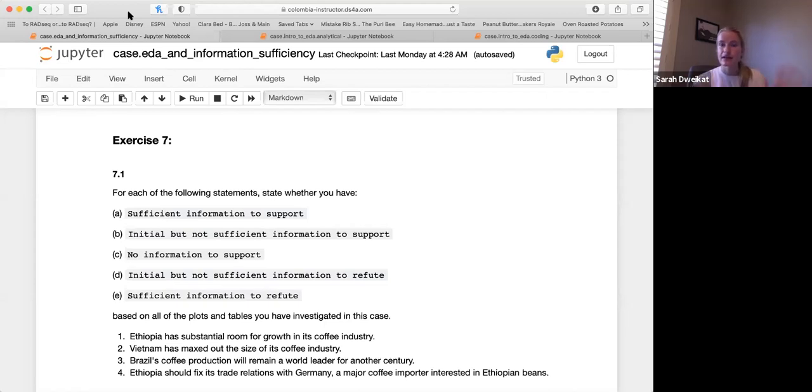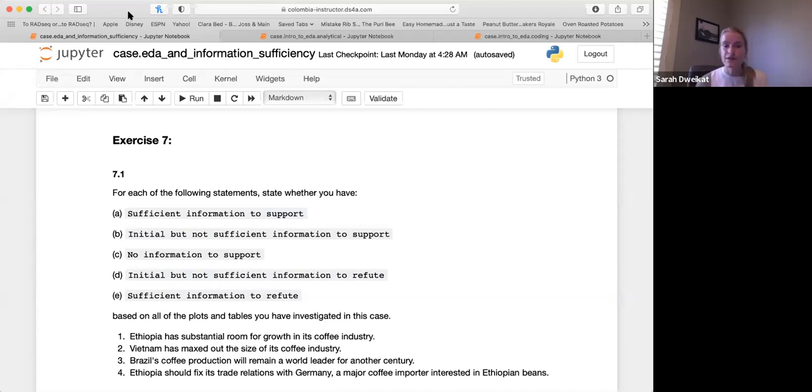That means that based only on the information we have, that is enough to make the conclusion that Ethiopia has substantial room for growth in its coffee industry. The information alone that we have is enough to give us that conclusion. Or is it initial but not enough to state that conclusion? Do we have no information? Do we have information to say the opposite, to reject that statement?